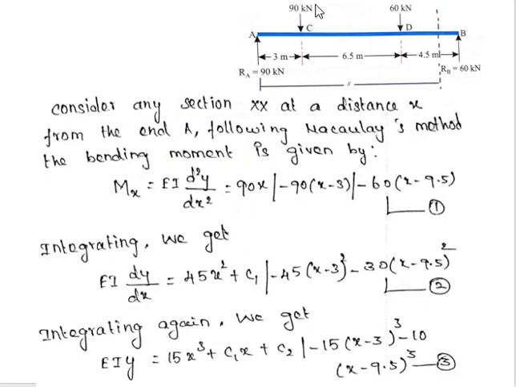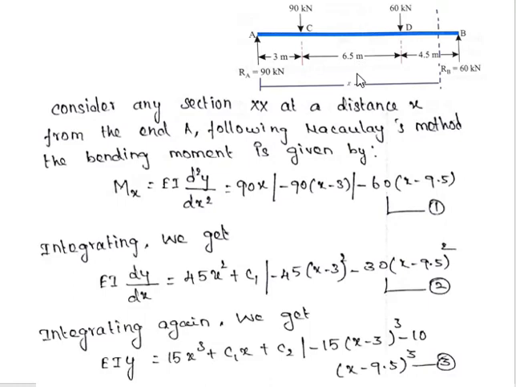Next, this 90 kilonewton, the concentrated load acting on top of the span, is at point C. Its distance we don't know; just forget this 6.5 and 4.5.